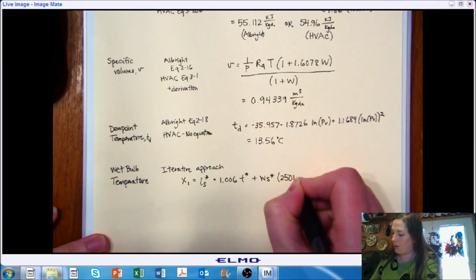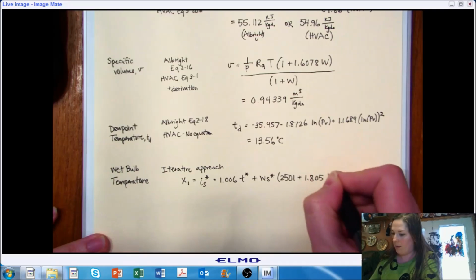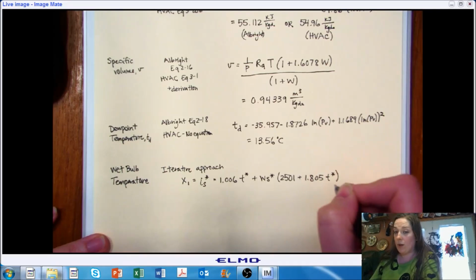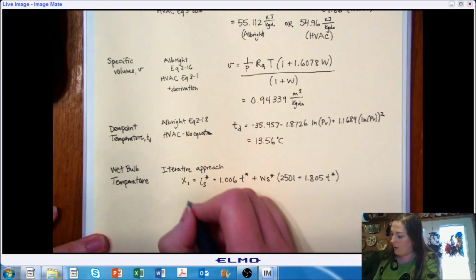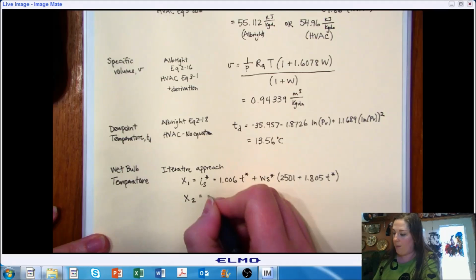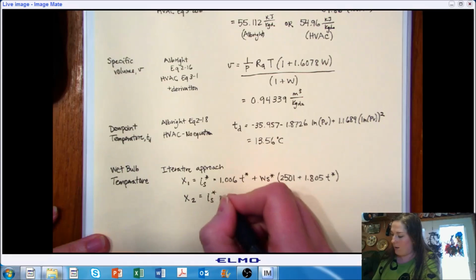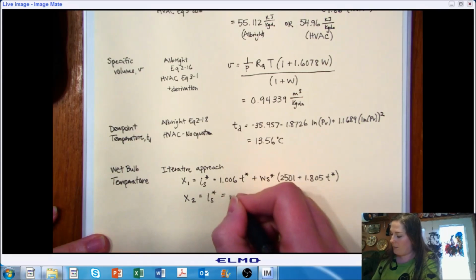So not the actual condition we were at, it would be the condition if we were at saturation, because recall, wet bulb temperature is where we would be if we were at saturation based on evaporating moisture into the air.